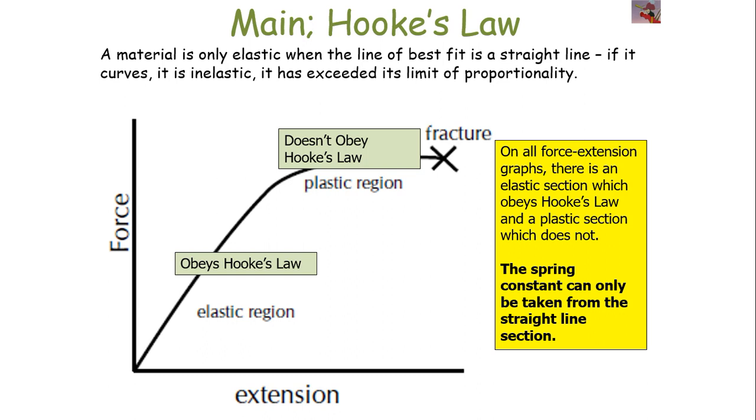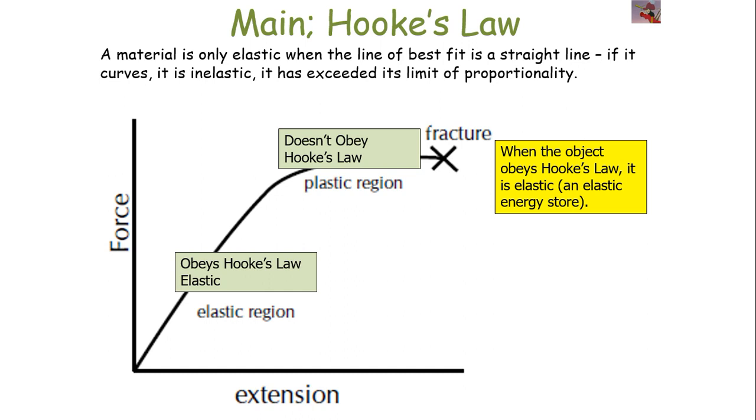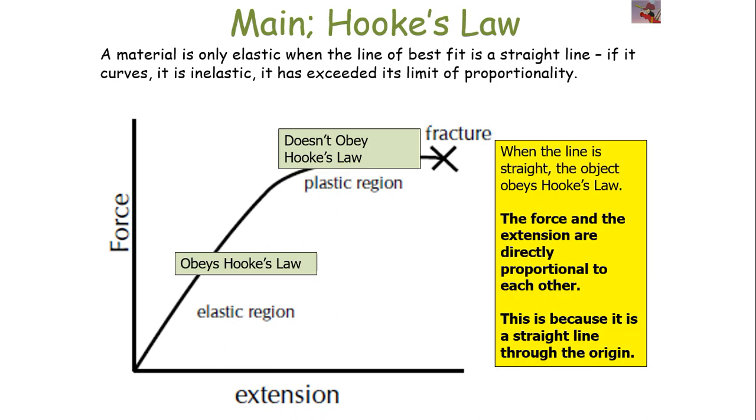But if it starts to curve, it doesn't obey Hooke's law. It is not directly proportional. It acts inelastically. Now we can only calculate the spring constant from the straight line section of the graph. So when the object obeys Hooke's law, it's an elastic potential energy store. It's elastic, but it is not the case when it's curving, when it doesn't obey Hooke's law, because it's inelastic.